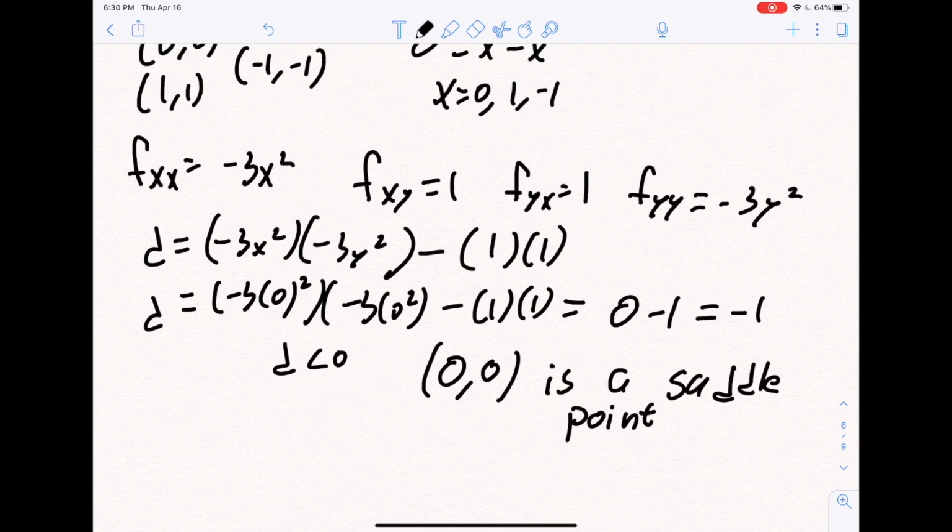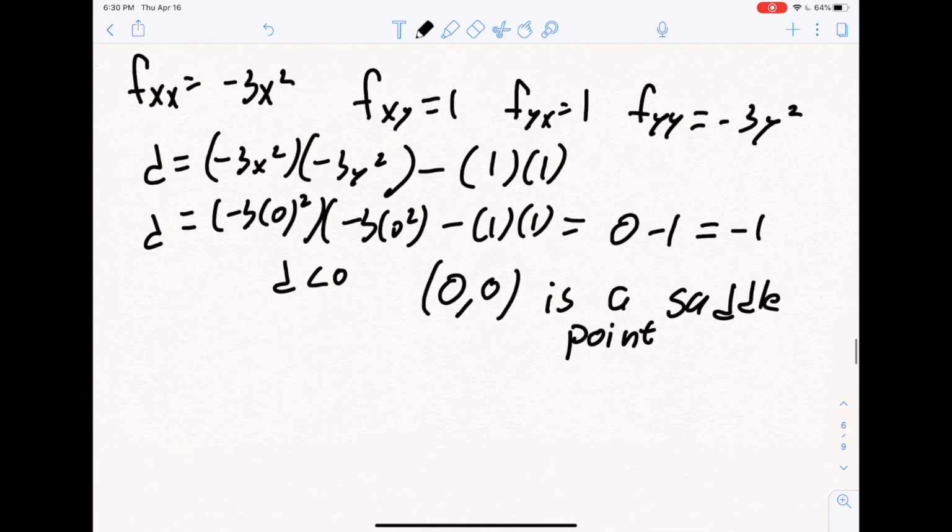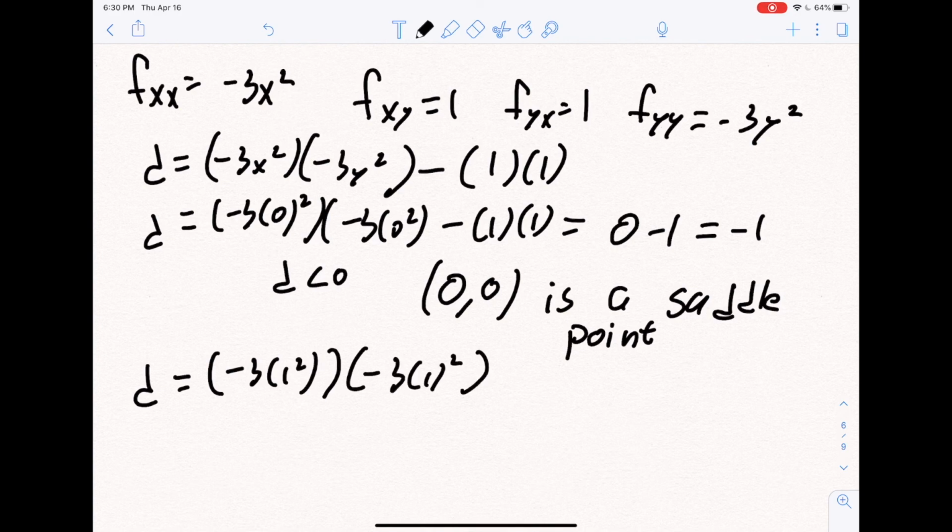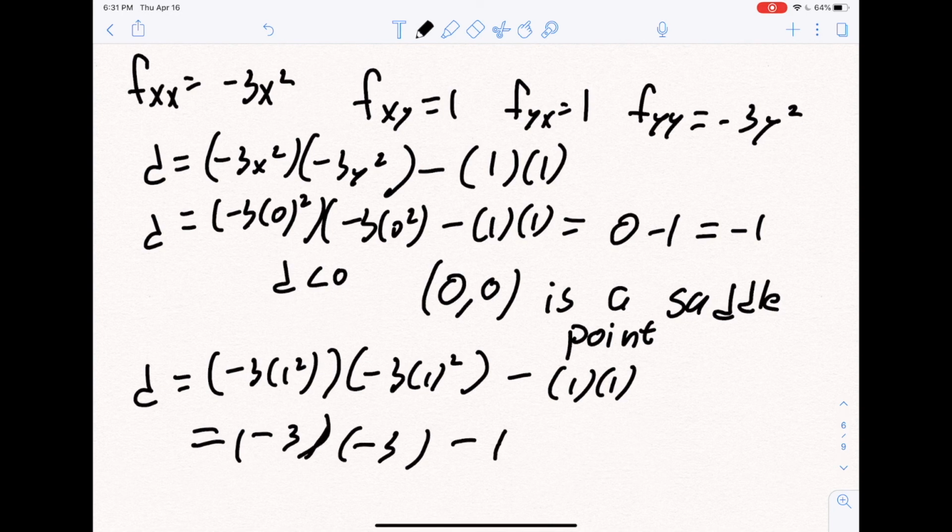Now let's plug in 1 and 1. So then D equals minus 3 times 1 squared times minus 3 times 1 squared minus 1 times 1. And this is going to be minus 3 times minus 3 minus 1, which is equivalent to 9 minus 1 equals 8.